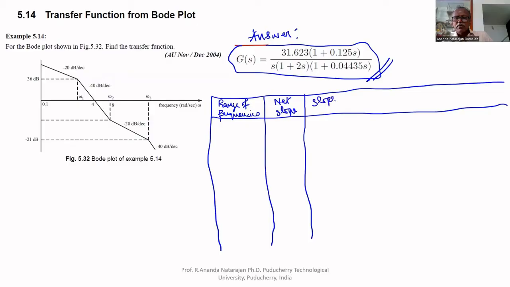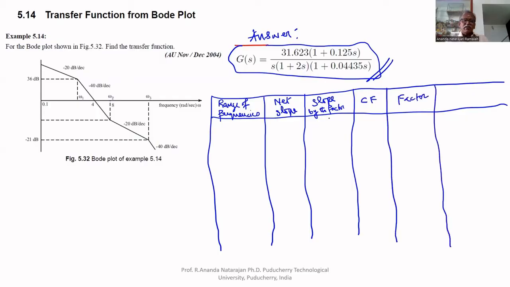Then we write the corner frequency, in reverse order, and then the factor. So this is the way by which we have to find it.